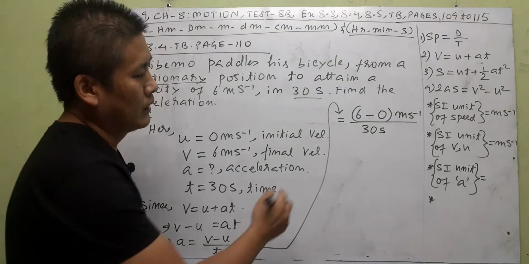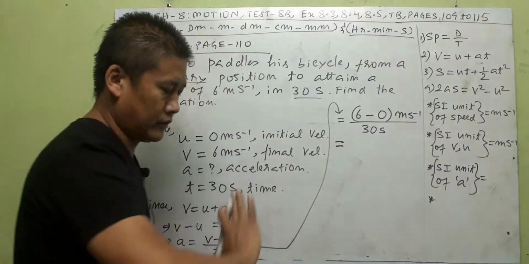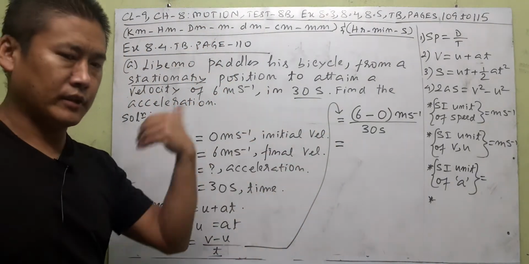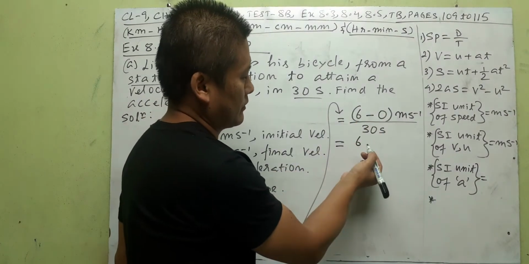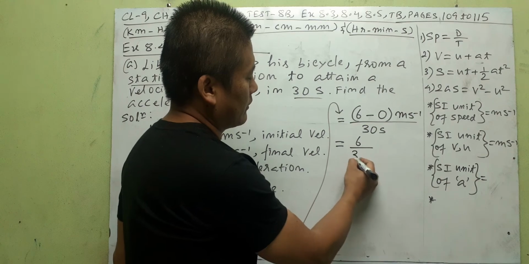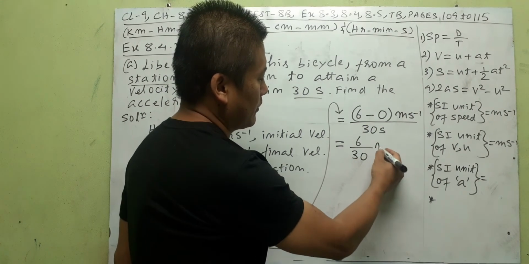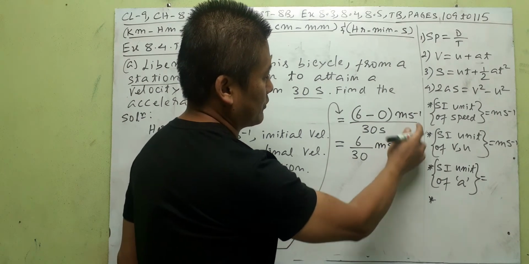Now here, we'll do this one slowly and in detail, okay? Then from the next, you can just start doing it directly in the sum, okay? 6 minus 0 is 6, right? Divided by 30, and then meter per second, this one same.